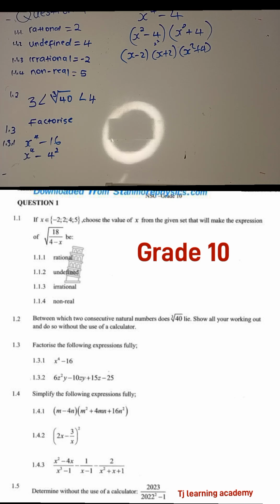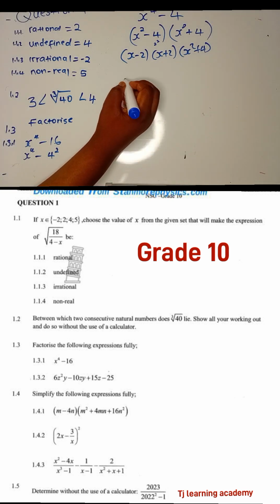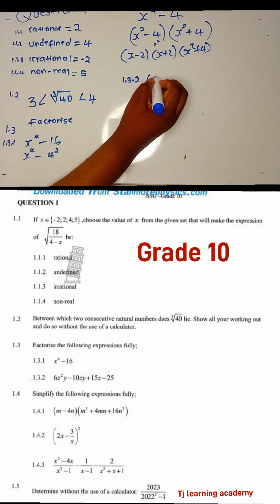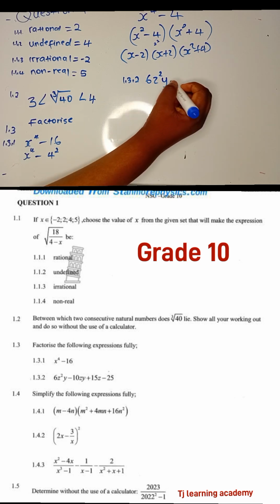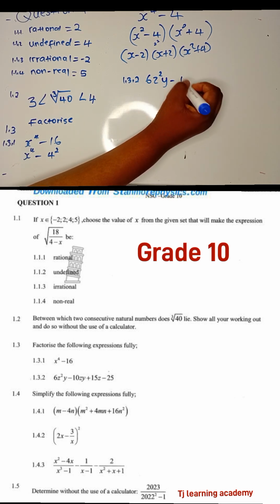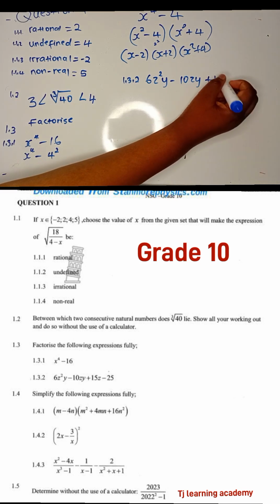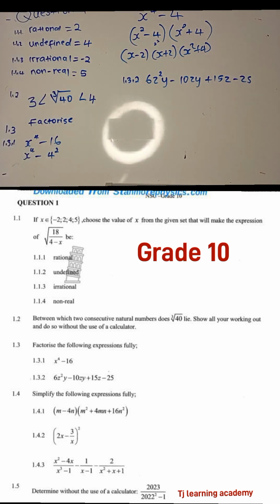So let's proceed to 1.3.2. 6z squared y minus 10zy plus 15z minus 20 minus 25.